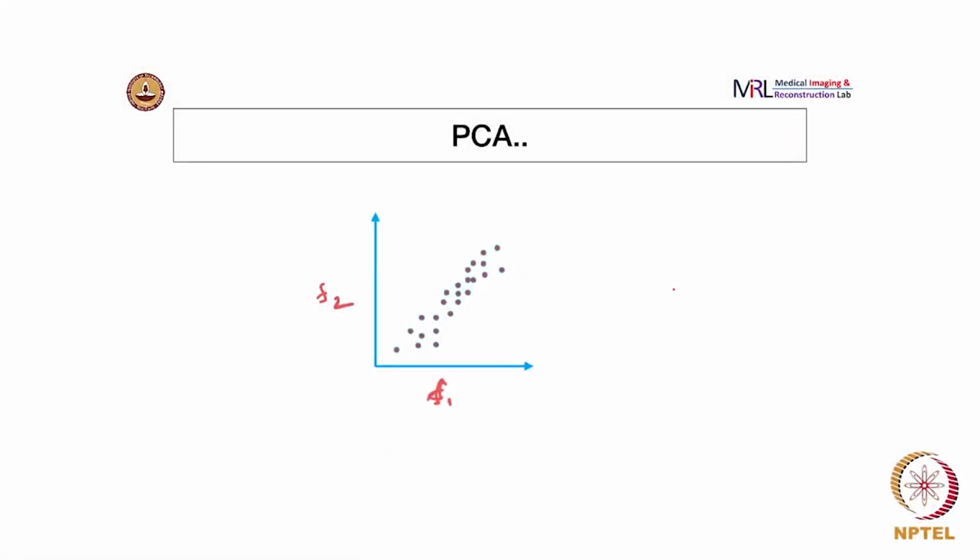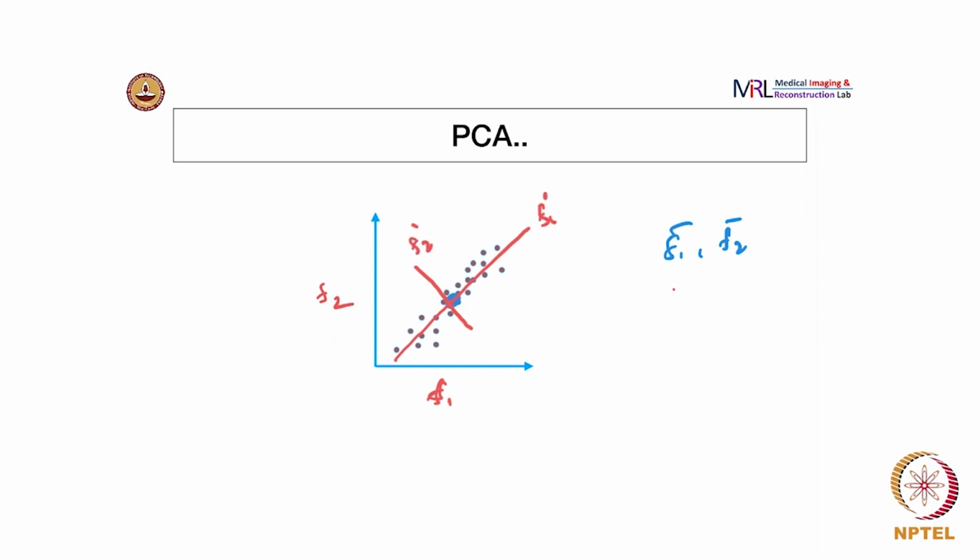I'm going to indicate with a large blue point the mean of your data. The mean of these points is F1 bar, F2 bar. I'm going to draw a line that goes through that, and another line that goes through this.